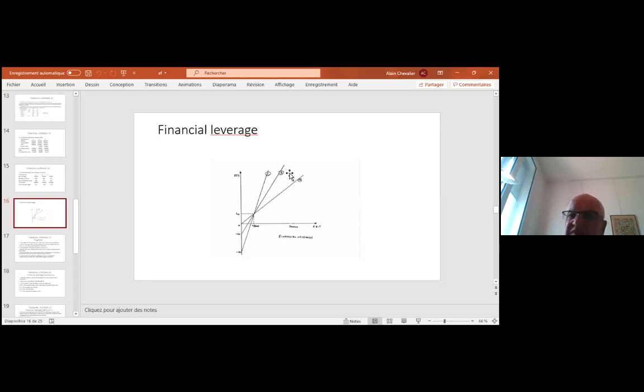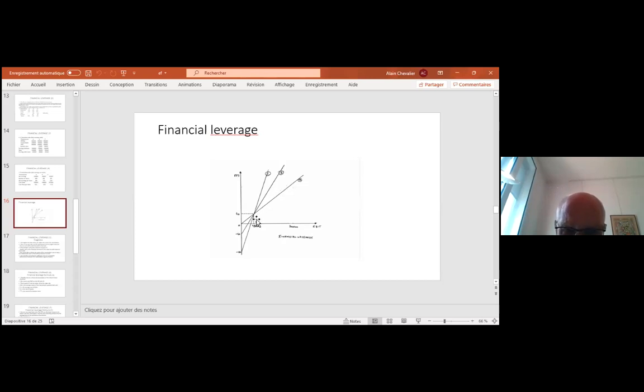It seems that the debt equity ratio, or increase of debt equity ratio, for the same level of EBIT is a kind of element which accelerates the increase in the earning per share.